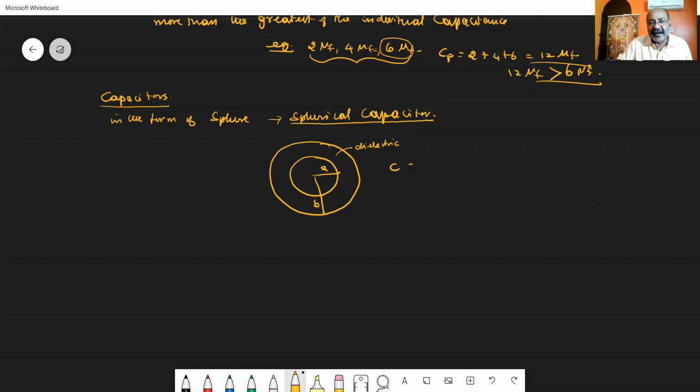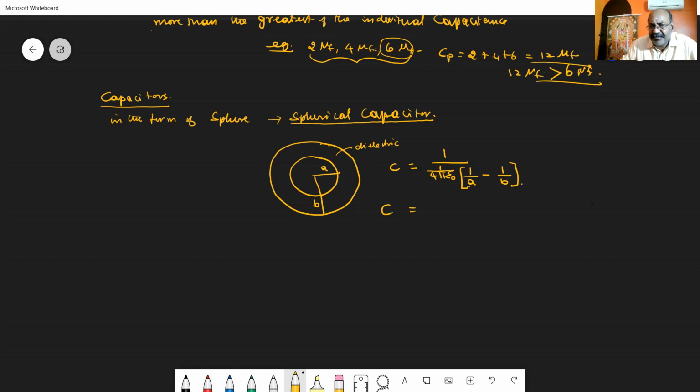The capacitance of the spherical capacitor is given by the formula C equals 1 divided by 4 pi epsilon 0 into 1 divided by A minus 1 divided by B. So this equation gives you the capacitance of a spherical capacitor. So this is a concept.